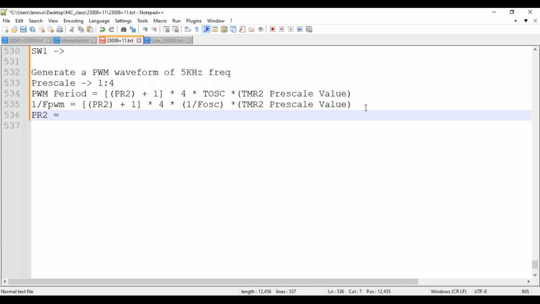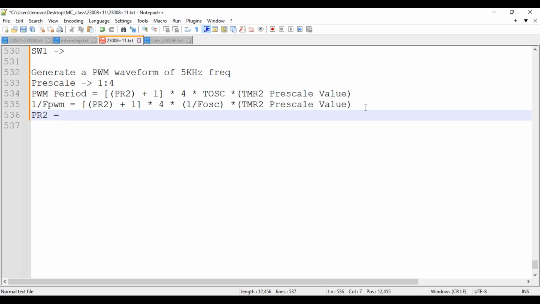So you have to be good at mathematics here. For a frequency of 5 kilohertz, we are trying to find the value which has to be loaded into the PR2 register. So we have a formula which has to be used to get the PR2 value.